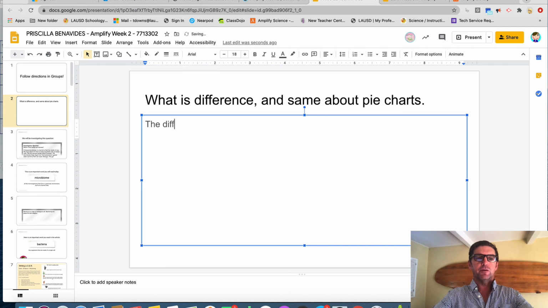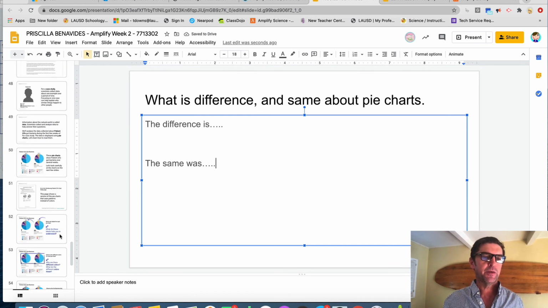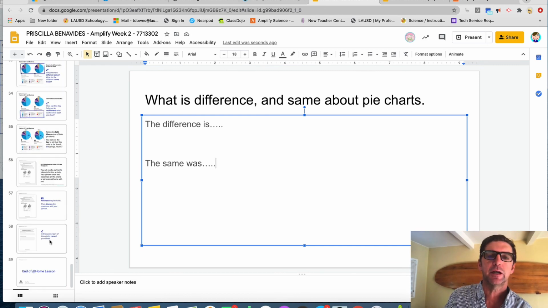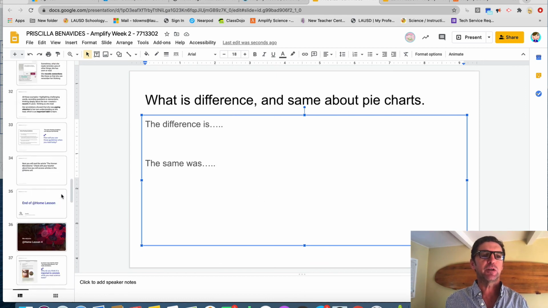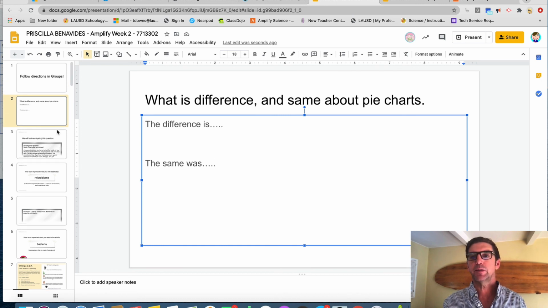The difference is, you're going to write that. The same was, and you're going to write that. So you should know those answers based on this pie chart. And we did a lot of talking and a lot of learning today. So this is the only slide due today. That gives you time to go catch up on these other slides that we did in the beginning of class.